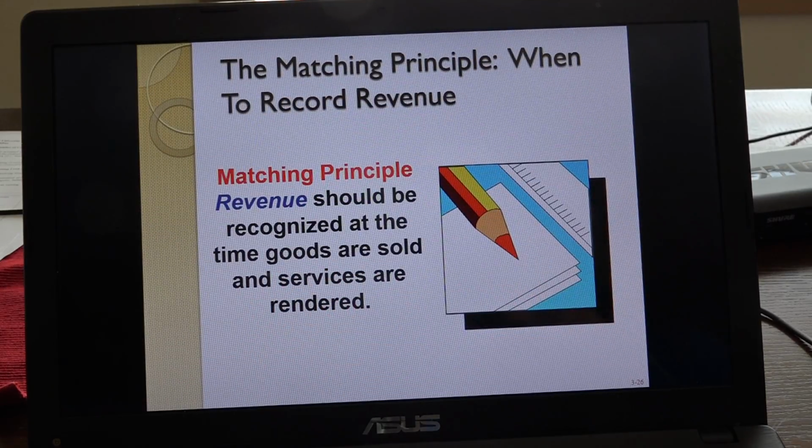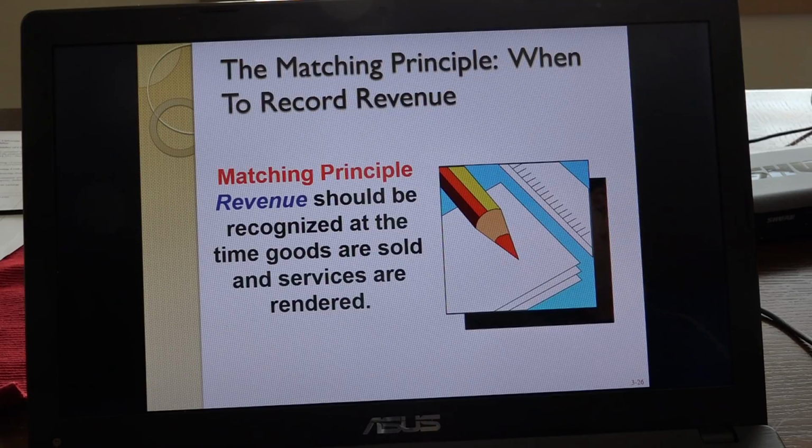Your normal balance for a revenue account is a credit balance because it increases owner's equity. Your normal balance for an expense account is a debit balance because it decreases owner's equity.